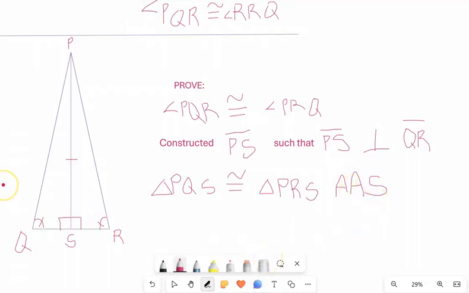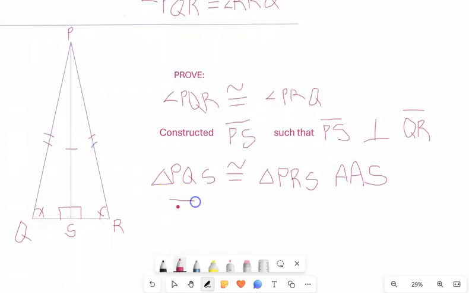Since these two triangles are congruent, the corresponding sides PQ and PR must be congruent as well. So we can write that out. PQ is congruent to PR.